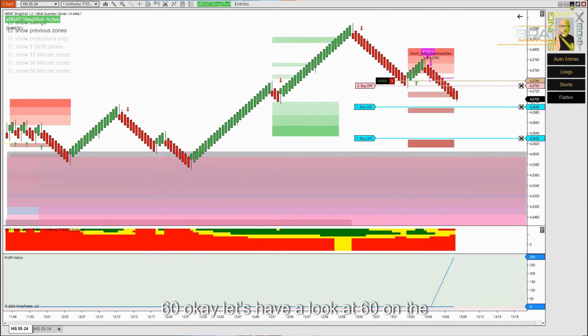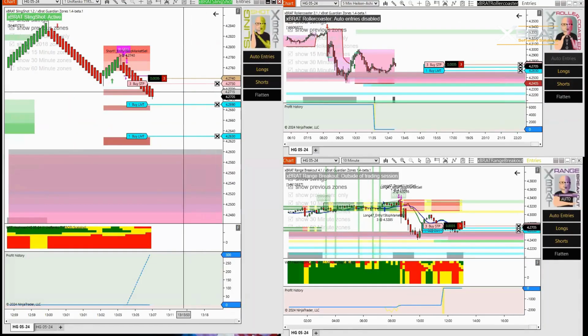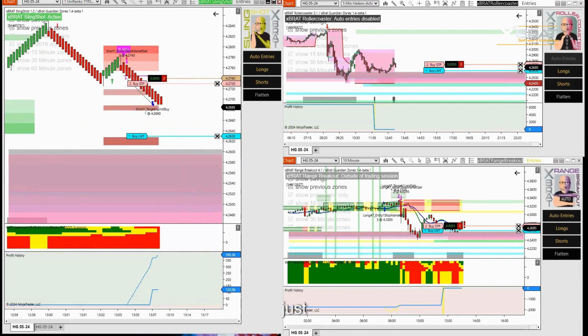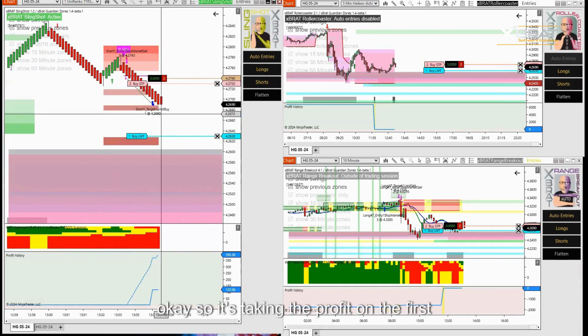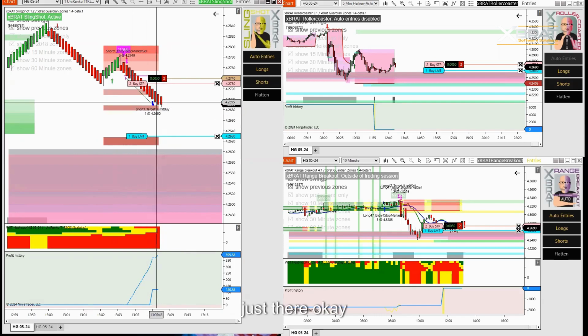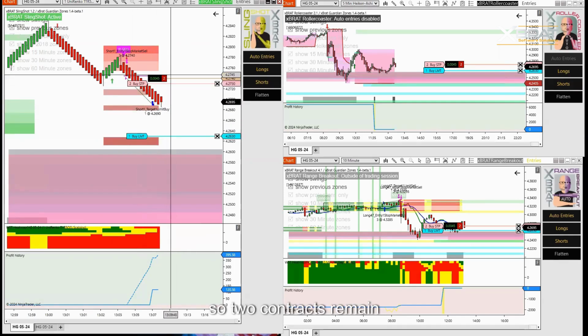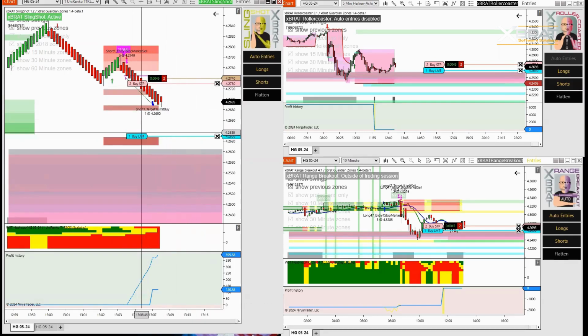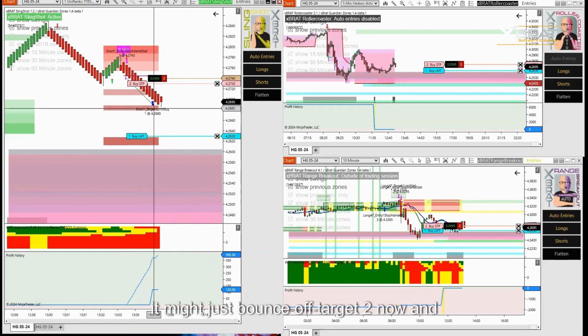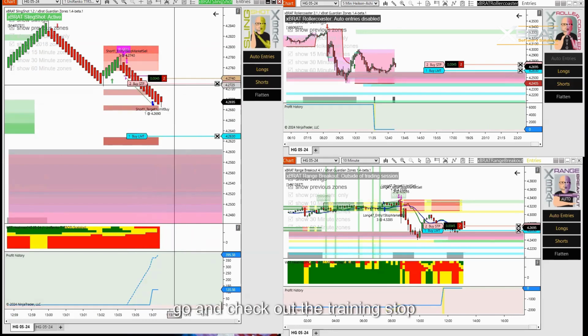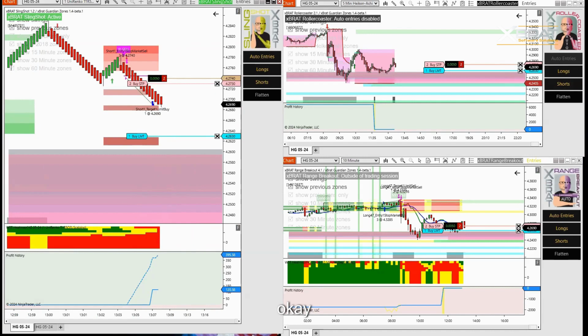6E. Okay, let's have a look at 6E on the daily on roller coaster a second. Okay, so it's taking the profit on the first contract just there. So 2 contracts remain. It might just bounce off target 2 now and go out, take out the trading stop.